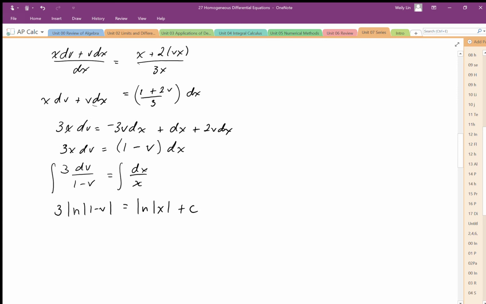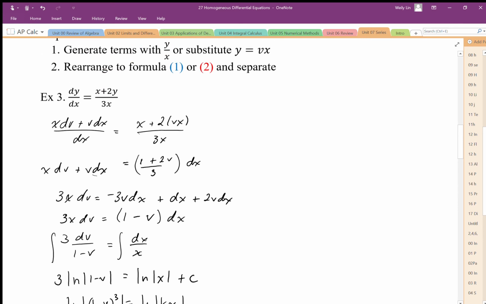Again, we'll put the plus c in there, so this ends up being log of 1 minus v cubed is equal to log, and I'm going to call that k this time, kx. The plus c ends up inside as a kx. Okay, and then I end up with 1 minus v, and I'm going to replace the v with a y over x, cubed is equal to kx.